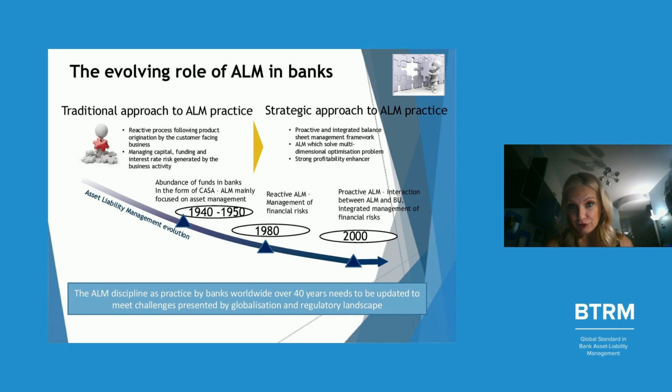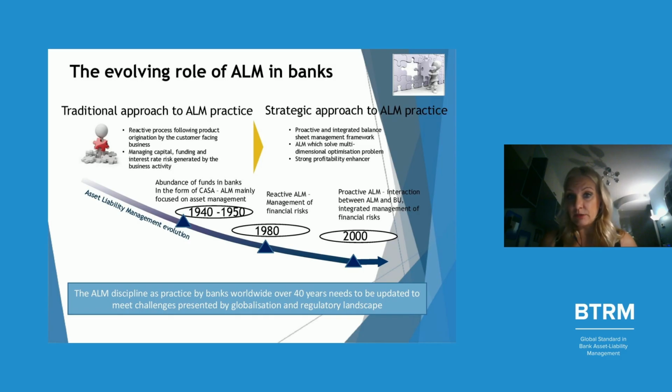Basel III introduced liquidity as a fundamental concept which also needs to be looked at. It doesn't mean that in the past ILM was not looking at liquidity. I'm not saying that. I'm just saying that at the beginning, ILM, because of the situation, was mainly focused on interest rate risk management, so hedging strategy.